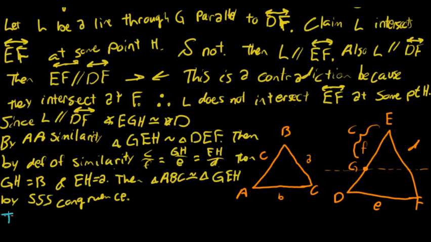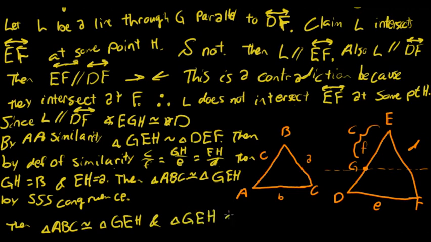We can say that then, if I can choose the right color, triangle ABC is congruent to triangle GEH, and triangle GEH is similar to triangle DEF.